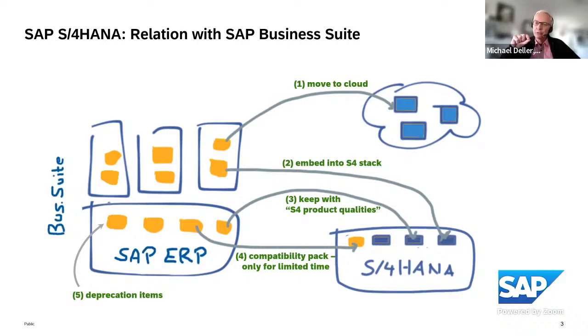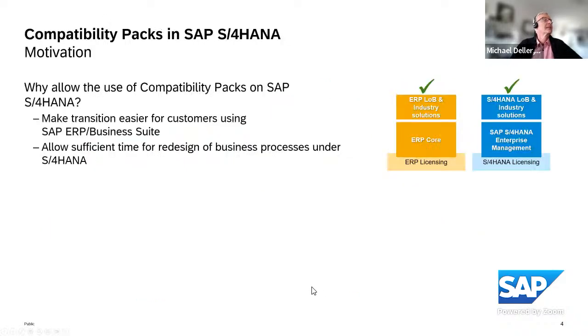But interim-wise, for a limited amount of time, we are going to keep it there, but be aware, while we discuss and together decide what it's going to look like and create the new solutions, at some point in time we are going to take out this old functionality, and this point in time is coming. So that was the idea: make the transition to S/4HANA easier for customers using the Business Suite, and give ourselves sufficient time for redesigning the processes.